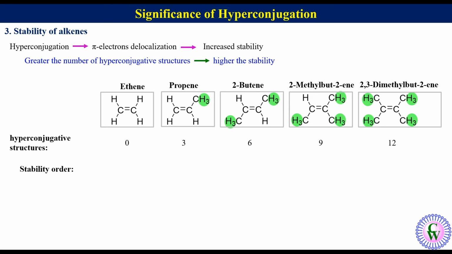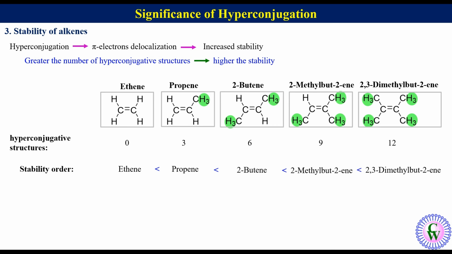If we talk about stability order, ethene having no hyperconjugative structure is the least stable. Propene with 3 alpha hydrogens is more stable than ethene. 2-butene with 6 alpha hydrogens is more stable than propene. 2-methyl-2-butene with 9 alpha hydrogens is more stable than 2-butene, and 2,3-dimethyl-2-butene with 12 alpha hydrogens is the most stable among these.